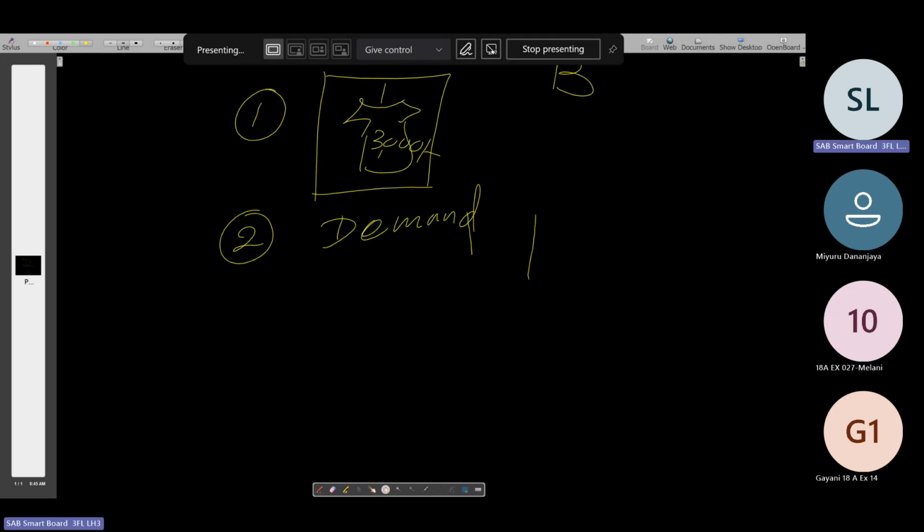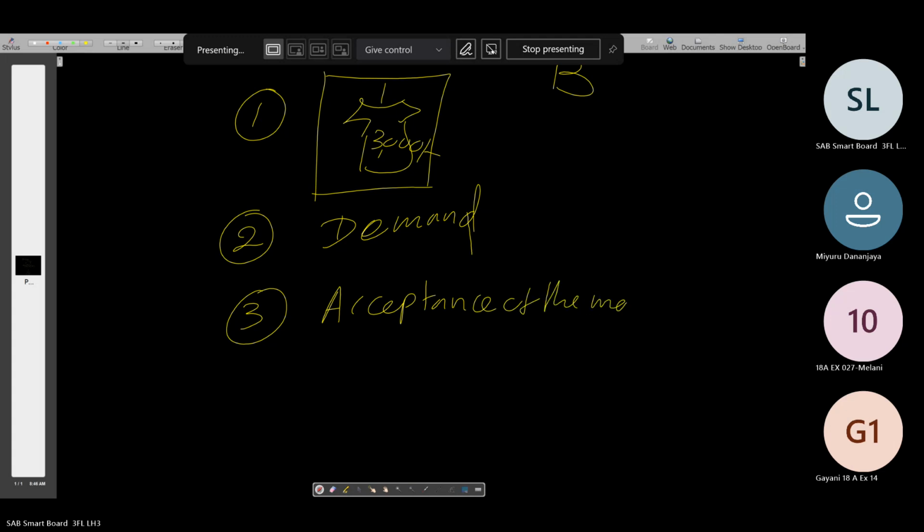Then what happened? Thereafter, the third step is the shopkeeper accepts the money from the customer. The customer is tendering money and the shopkeeper accepts the money. So acceptance of the money is the third step.